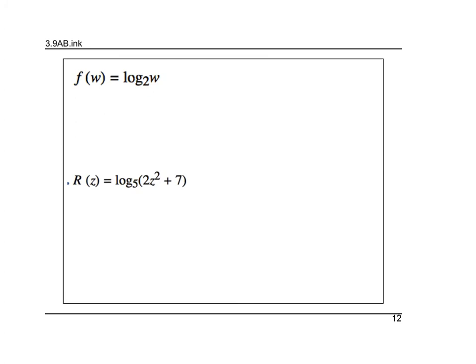So for example here, f prime of w is 1 over ln 2 times 1 over w.